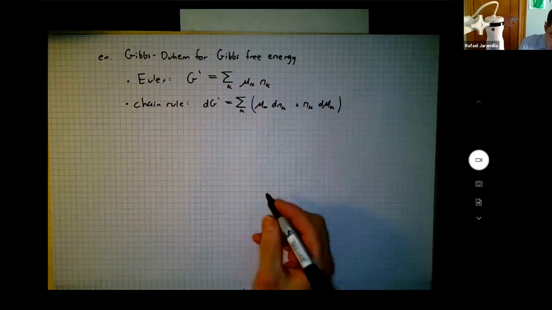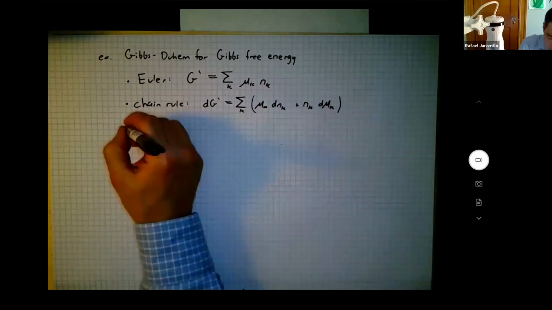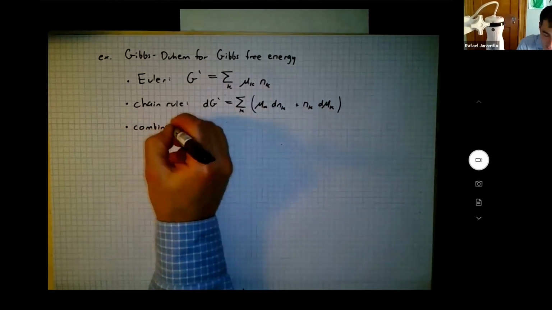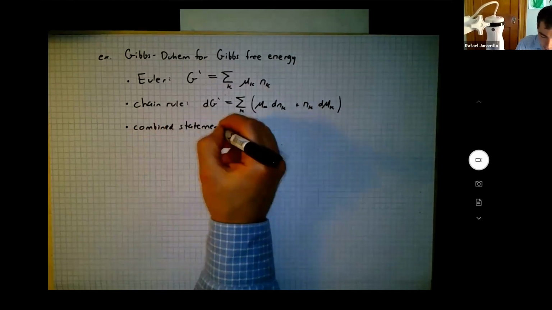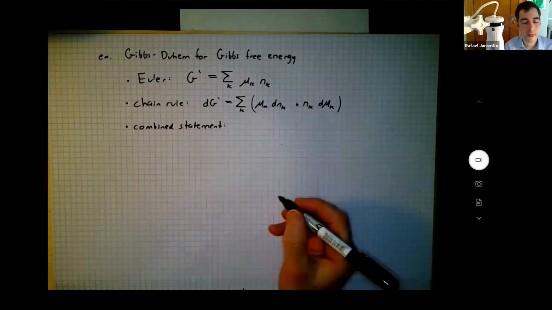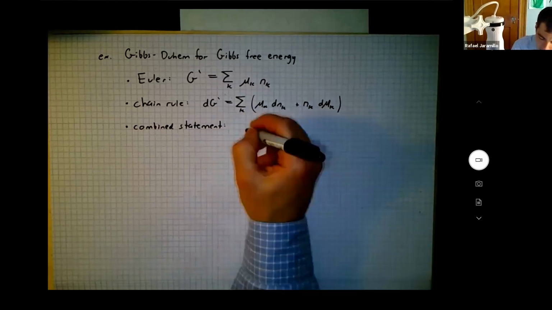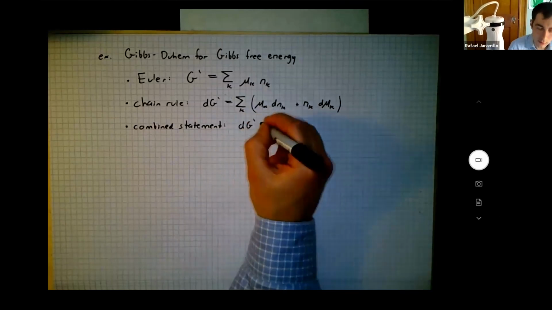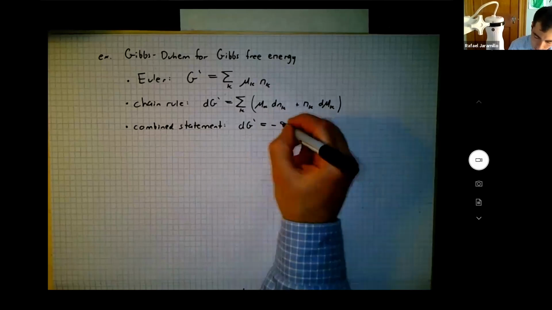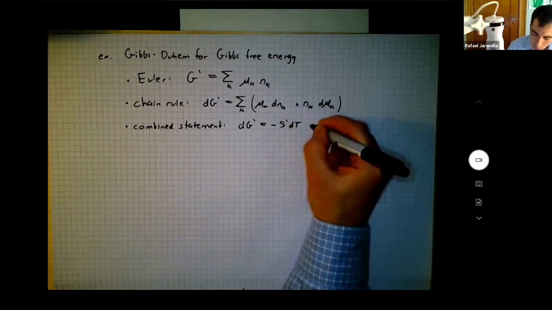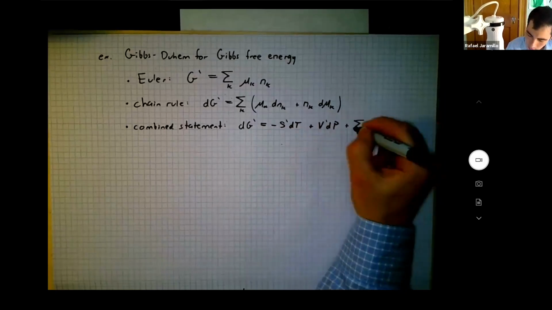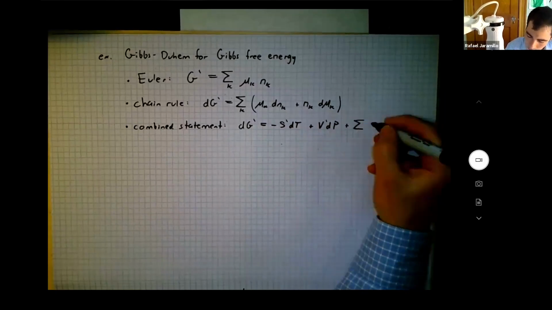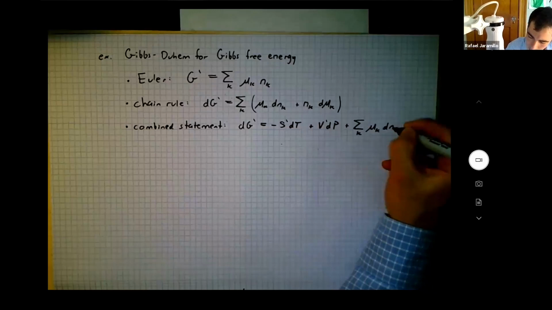And then we combine the combined statement. The combined statement is a coefficient relation, right? dG equals minus S dT plus V dP plus mu of k dn of k.